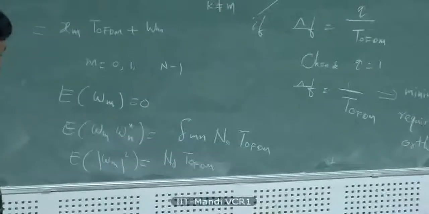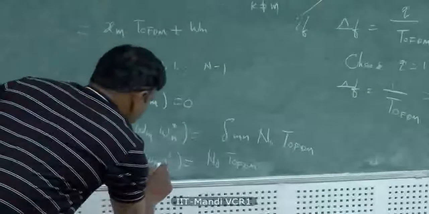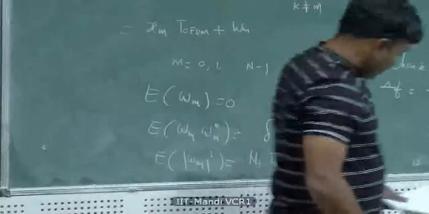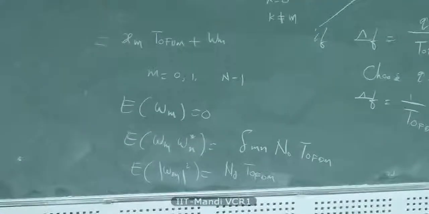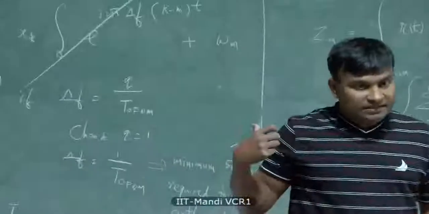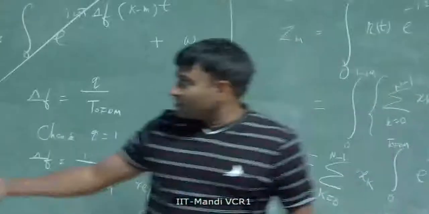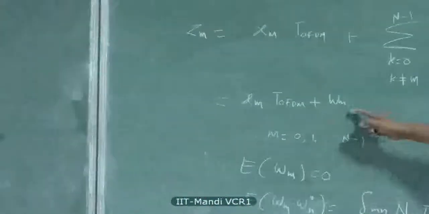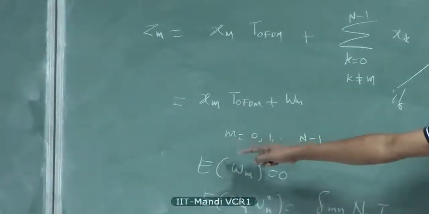That is the variance of W[m]. Why do we need that? Well, unless you know the variance of W[m], you can't define the signal to noise ratio at the output of your receiver, which is of prime interest to us because we want to maximize the signal to noise ratio.